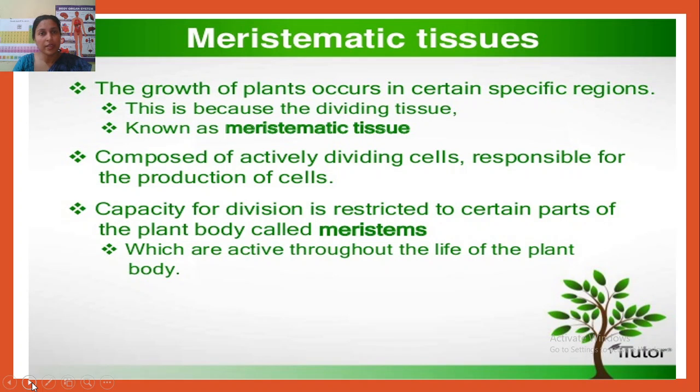Now let's see some features of the meristematic tissues. These tissues contain cells which are actively dividing. So they contain a higher number of mitochondria in those cells because they need energy for the division. Mitosis occurs, and inside the cells the nucleus is also prominent.